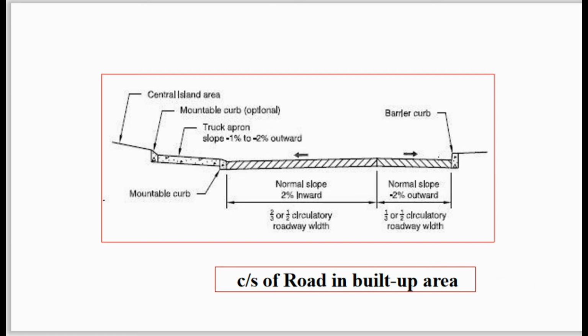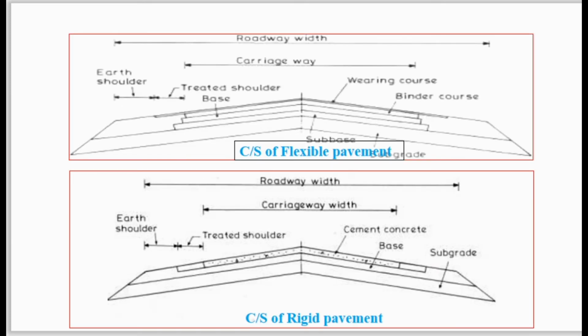Next, if you observe the cross section of the flexible pavement and the cross section of the rigid pavement, we can see the different courses provided in both these pavements. First, the cross section of the flexible pavement.